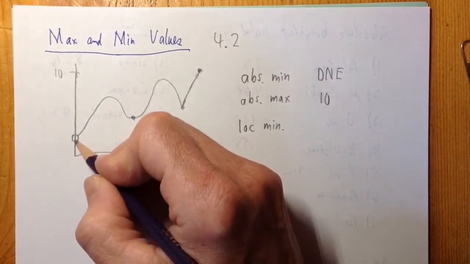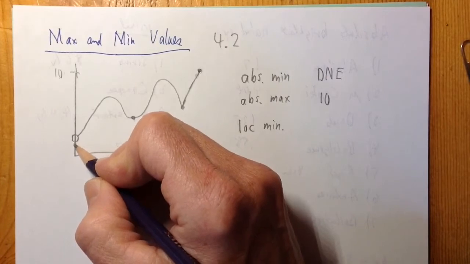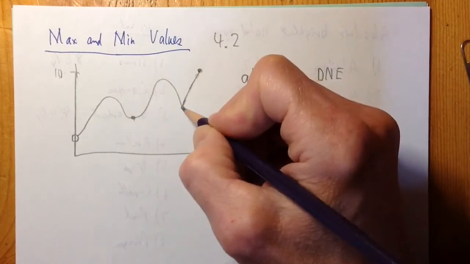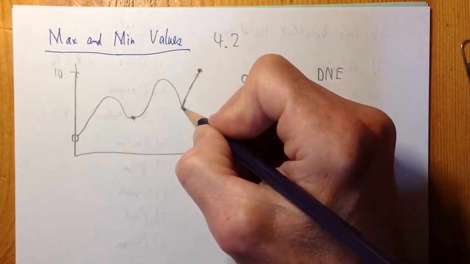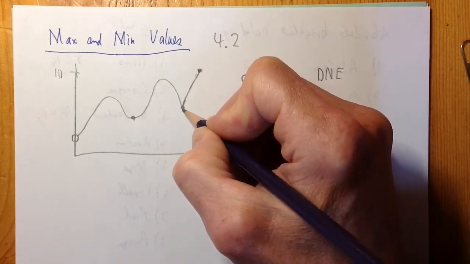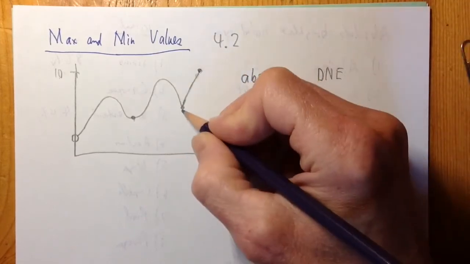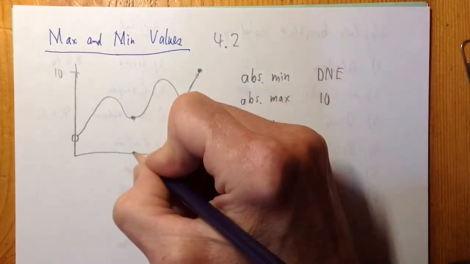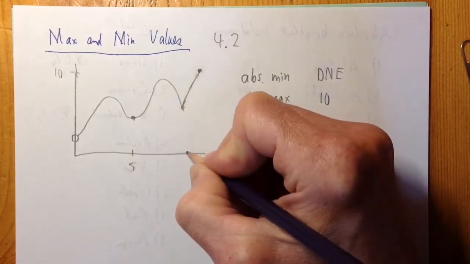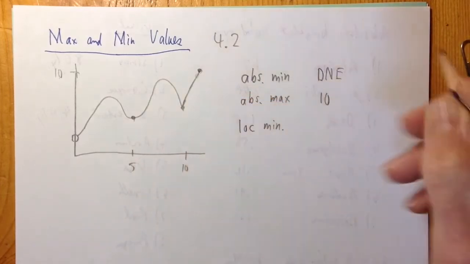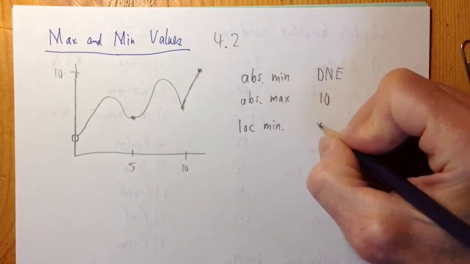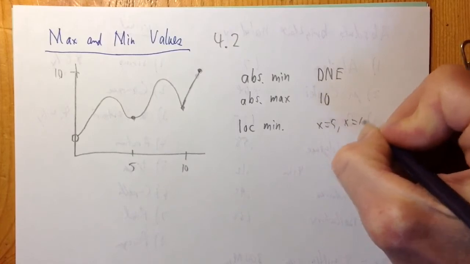It would be a minimum, but not a local minimum, because a local minimum has got to be like a trough, right? And even here, this is a sharp point. The derivative does not exist at a sharp point, but it's still a local minimum, right? It's the smallest here. It goes up, goes up. So we have local minimums right here and here. Let's make that up. Let's say this is x equals 5, and let's say this is x equals 10. So the local minimums would occur at x equals 5 and x equals 10.